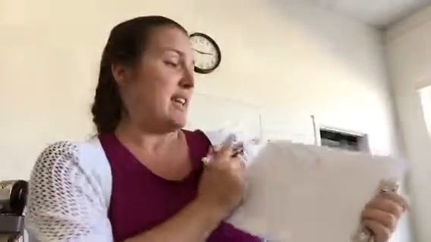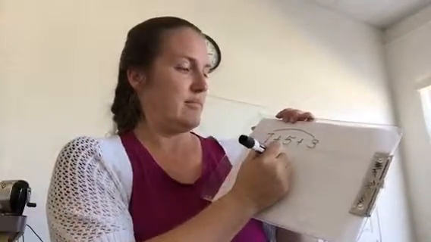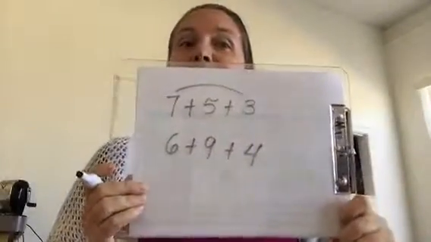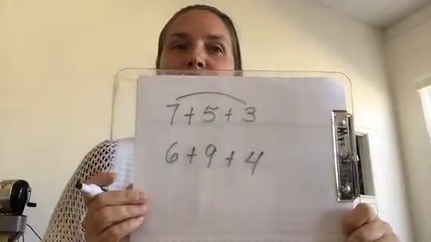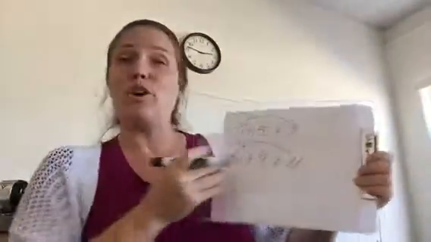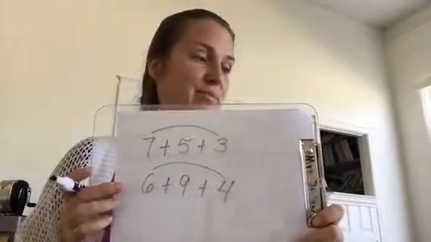Look to see if you can find the 10 in here. Do you see the two numbers that you can add to make a 10? That's right, it's the 6 and the 4. 6 plus 4 is 10, and then when you add the 9, you get 19.